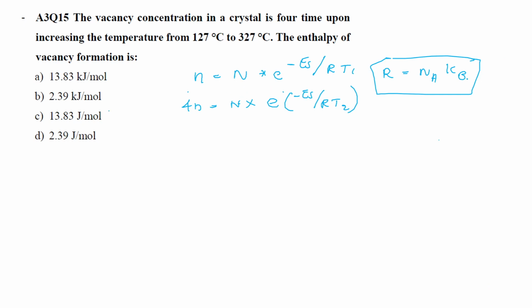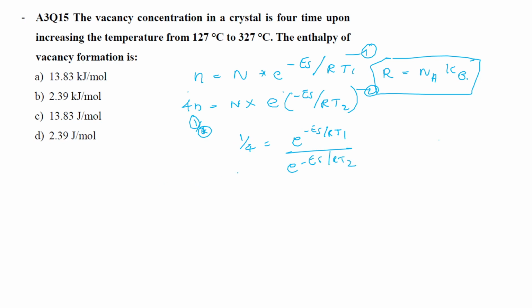Now you have the same equation; you can call it equation 1 and this equation 2, and divide equation 2 by equation 1 over 2. Similar to what you did earlier, you will get 1 over 4 is equal to e to the power minus Es divided by RT1, divided by e to the power minus Es divided by RT2.